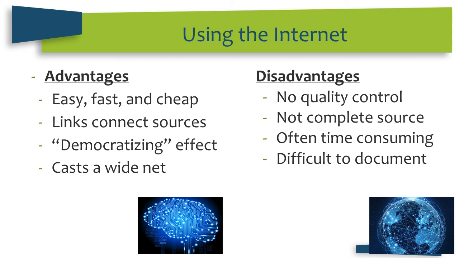It links connected sources. You look at one source and it would cite another, and you click it and you go to that source, and so on. Then it is a kind of democratizing effect. It provides a chance to everybody to share their ideas on the internet. And then the advantage is that it casts a very wide net.